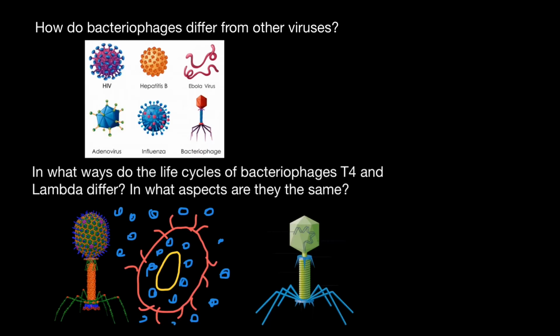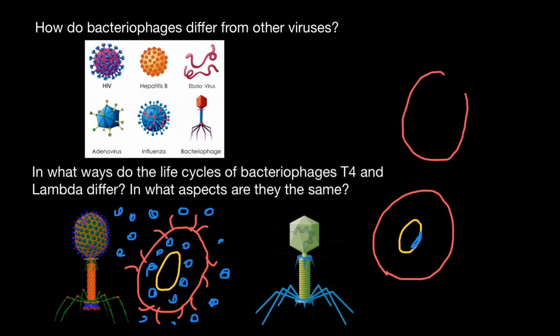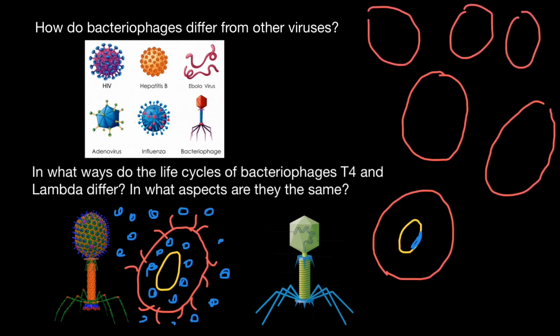As for the Lambda virus, it can take two biological pathways. It also infects bacteria, and here is the circular bacteria genome. But what can happen, this virus can integrate into the genome of bacteria, and when bacteria replicate, this virus also replicates along with bacteria.